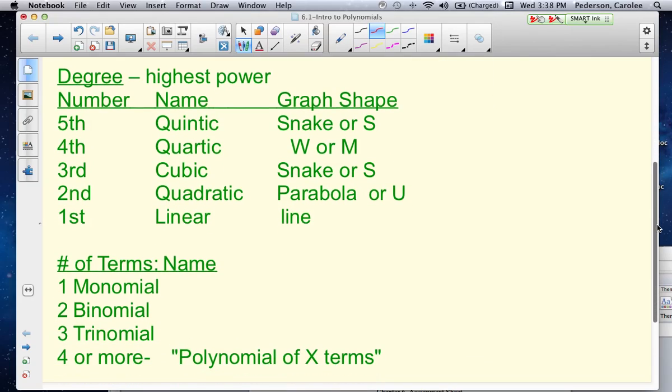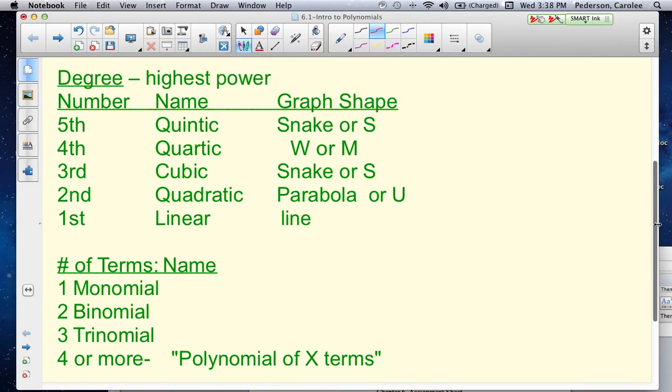What I would recommend that you write down is this chart. We're going to start to graph higher order polynomials. So this chart is focusing on the degree. So if I have a fifth degree polynomial, like x to the fifth, then the name of it is called a quintic polynomial.